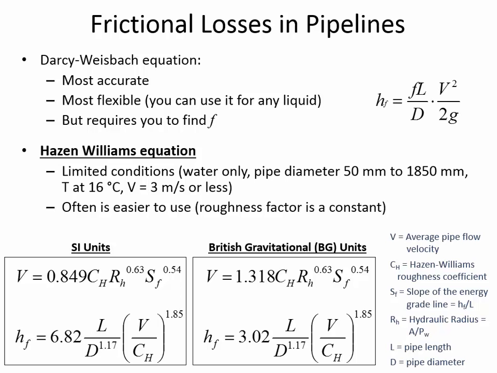And you know some length between them. And from that, you would be able to know the slope of the energy grade line. So this is known because you know the characteristics of the pipe, like its diameter. Then you could know the hydraulic radius, and then you'd just look up the roughness value out of some table. And so using the Hazen-Williams equation this way, you'd be able to predict the velocity of water flowing through a pipe when the slope of the energy grade line, S sub f, is known.